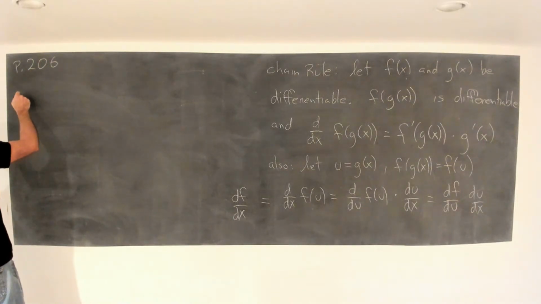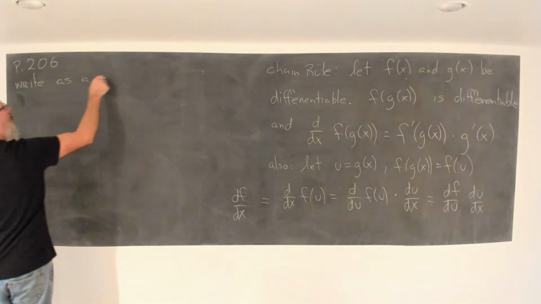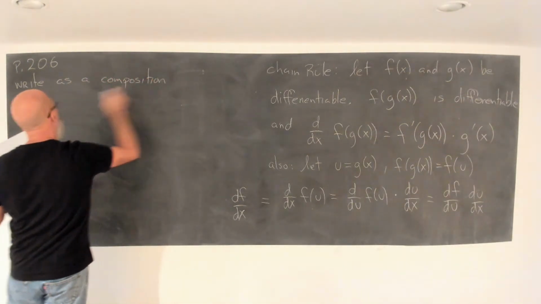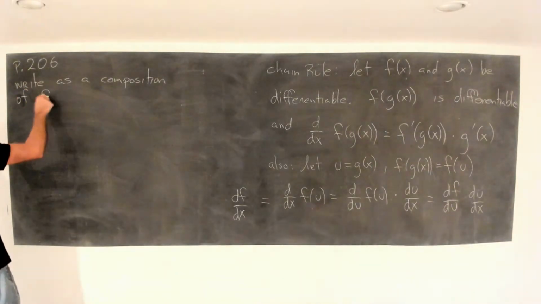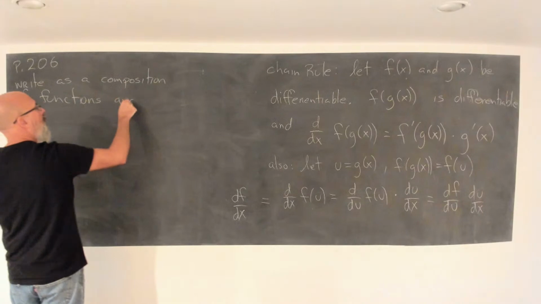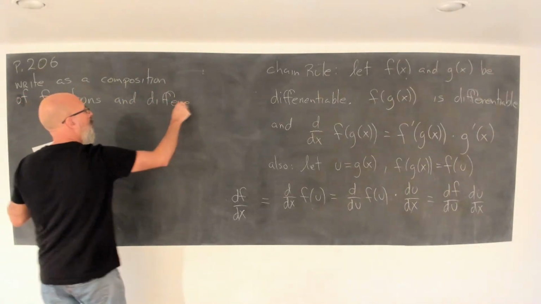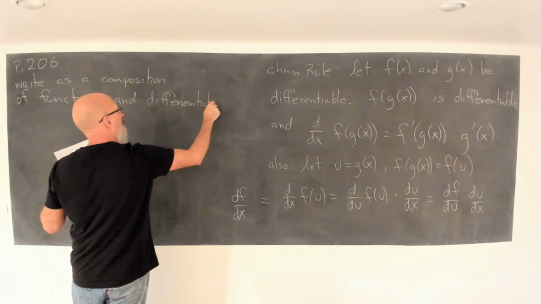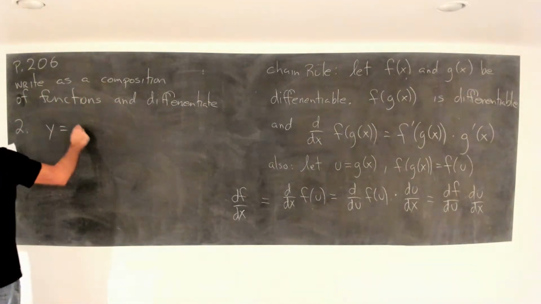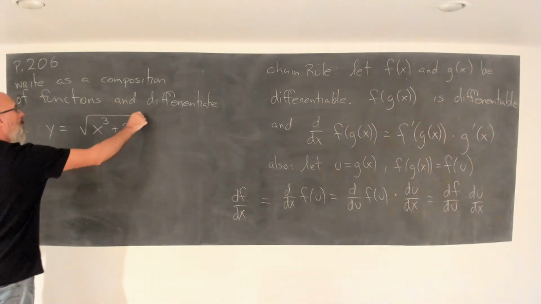The question is asking us to write as a composition of functions and then differentiate, where y is the square root of x cubed plus 2.